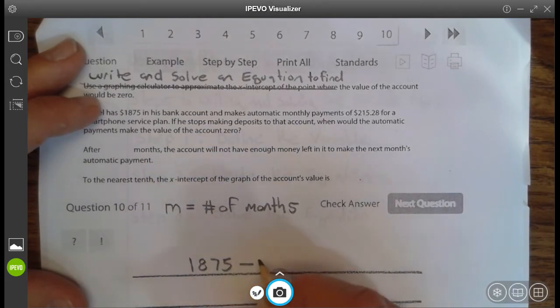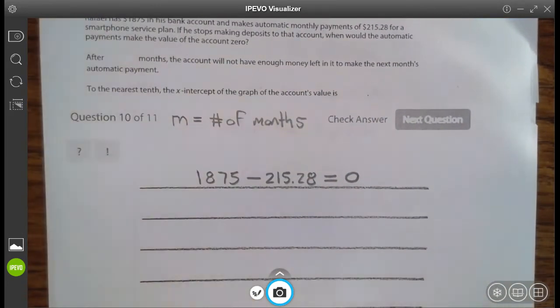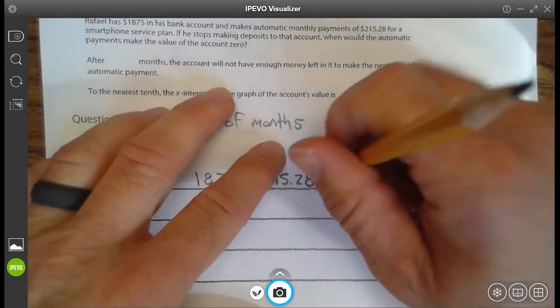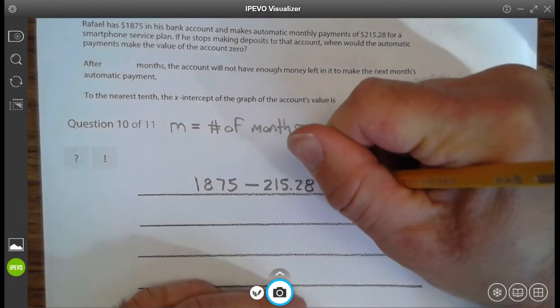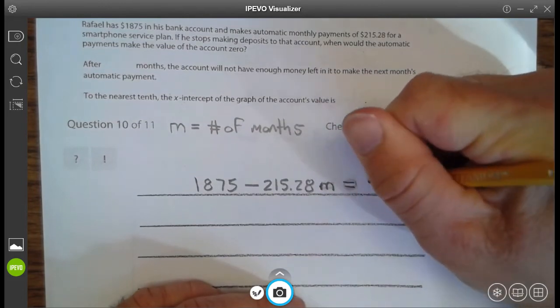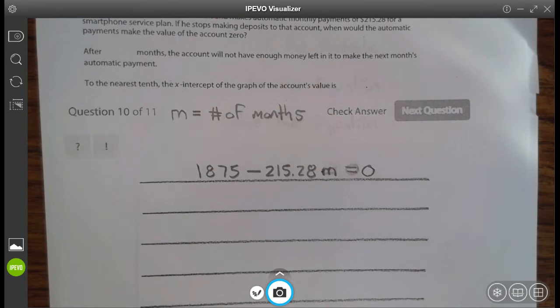He's subtracting $215.28 per month, and we want to know when that equals 0. Okay, so now we've defined a variable, we've written our equation, now we're going to solve our equation.